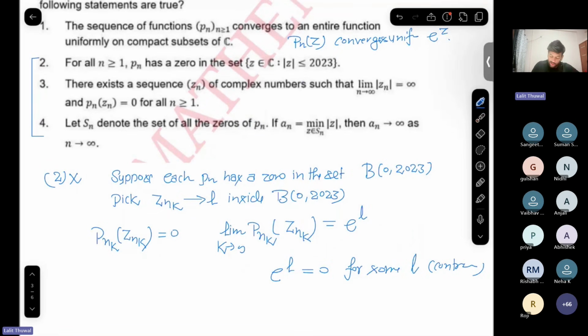Same argument will work. So what this says is that there exists a sequence zn of complex numbers such that the limit as n tending to infinity of mod zn is equal to infinity. It means that this sequence zn converges to infinity, and each zn is a zero of Pn.